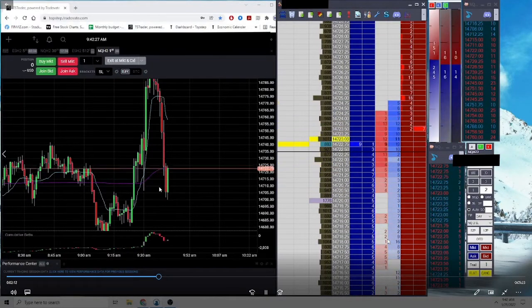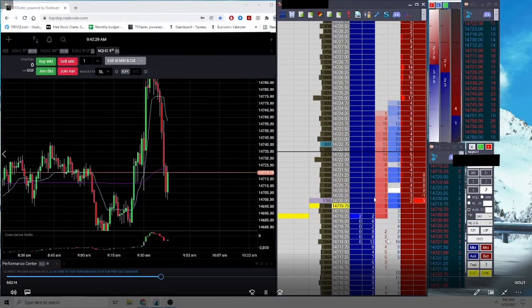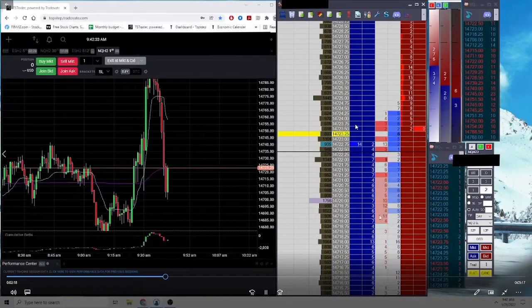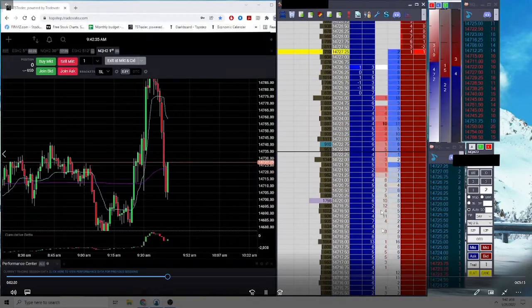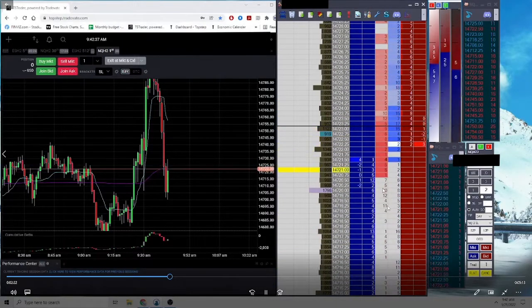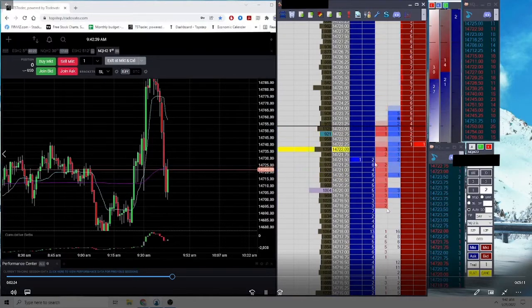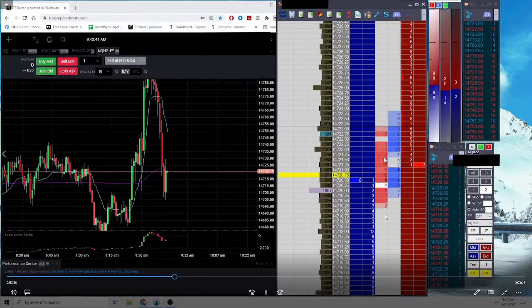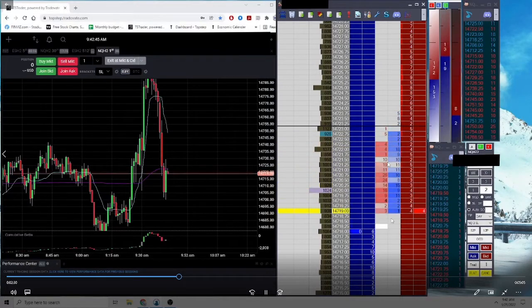I'm not trying to look for this thing to go all the way back up. More often than not, that's not going to happen. So we see that it's stuck. It's not going up. They're trying, but it's being answered by sellers and coming right back down. So if it does continue up, we'll just get back in. Hopefully, maybe, probably not.